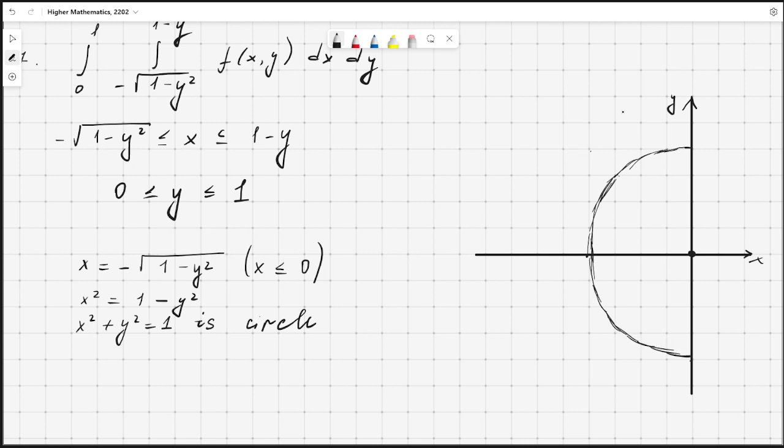Okay, it is x is minus square root of 1 minus y squared.